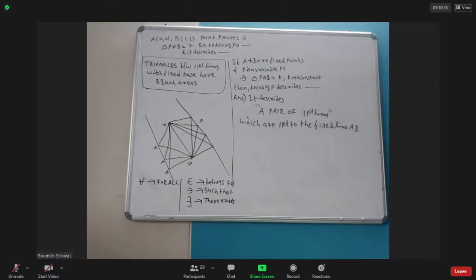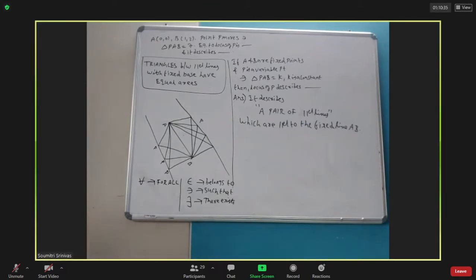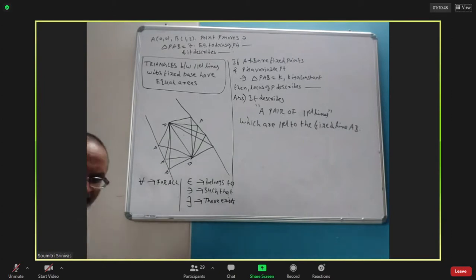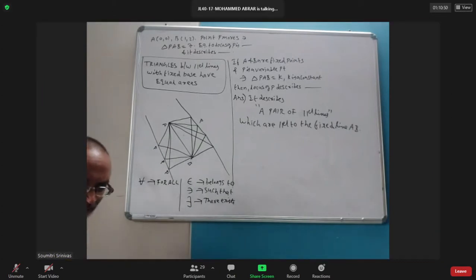Sir, this will happen only if the base of the triangle and the line are parallel. The areas will be equal if and only if the base and the line are parallel. I did not get you.